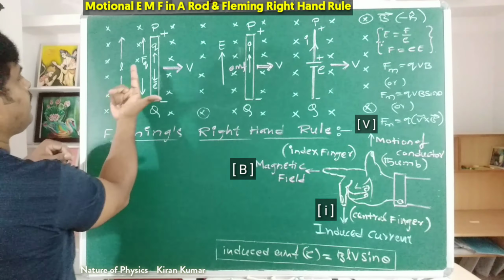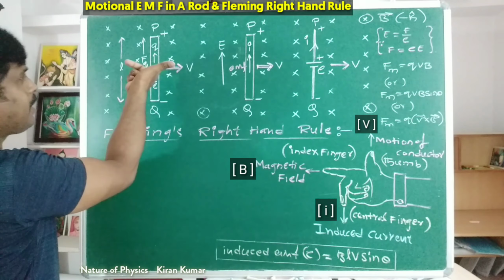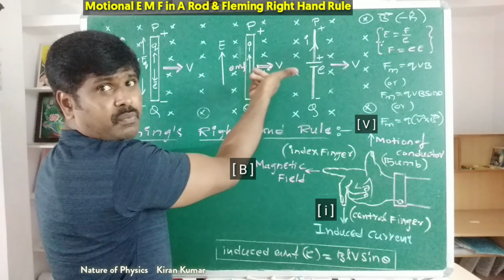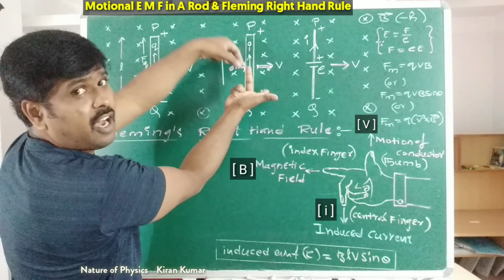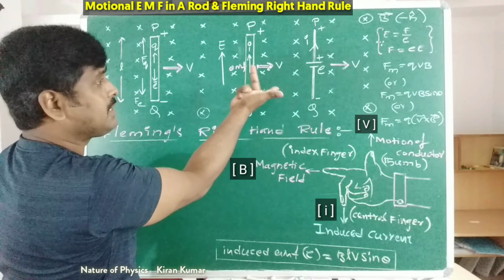See, here we can take it like this. This is the magnetic field, the magnetic field direction is into the paper, and V is the velocity, the thumb, and then the induced current. So the induced current is this, in the upward direction. See clearly.